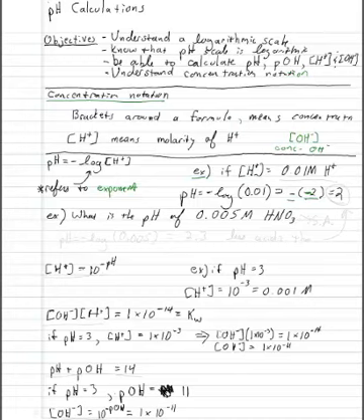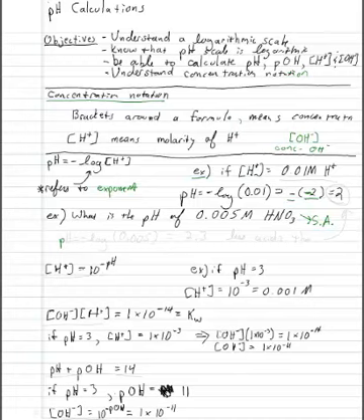So, for example, over here, what is the pH of a 0.005 molar nitric acid solution? Now, nitric acid is a strong acid, so we can do this equation with strong acids. It's a little bit more involved if it's a weak acid, which we're not going to get into, but let's calculate that here.